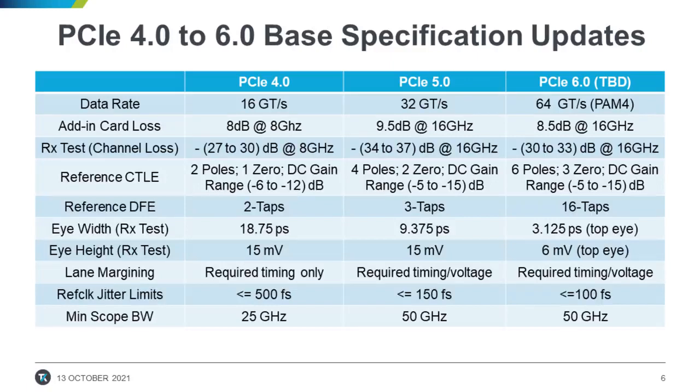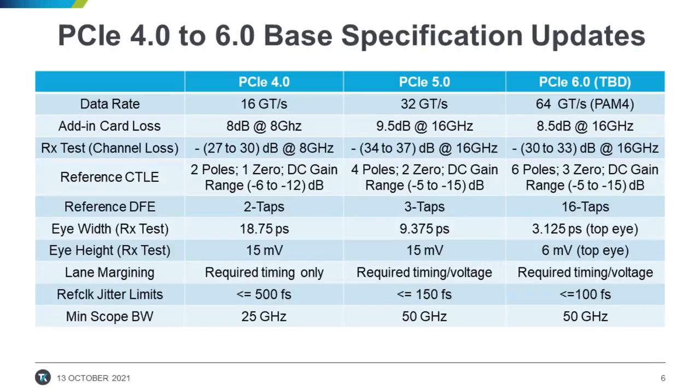Starting to see more advanced capabilities in the receiver equalization. So the two main blocks that we see there are CTLE, the continuous time linear equalization, and DFE. So for CTLE, we've gone from 2 poles and 1 zero to 4 poles and 2 zeros, and now we're up to 6 poles and 3 zeros for Gen 6.